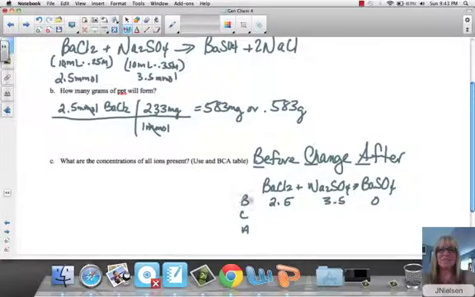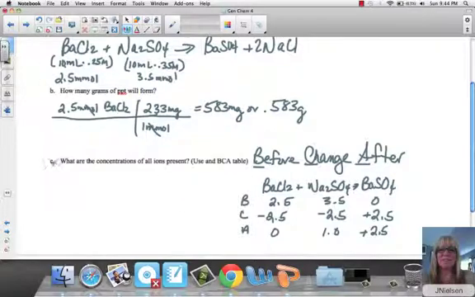As the reaction proceeded, we used all of my BaCl2, as it was my limiting reagent, and I must have formed BaSO4 via the reaction. So afterwards, there isn't going to be any limiting reagent left. I will have 1 millimole in excess of the Na2SO4, and I will have formed 2.5 millimoles of barium sulfate.